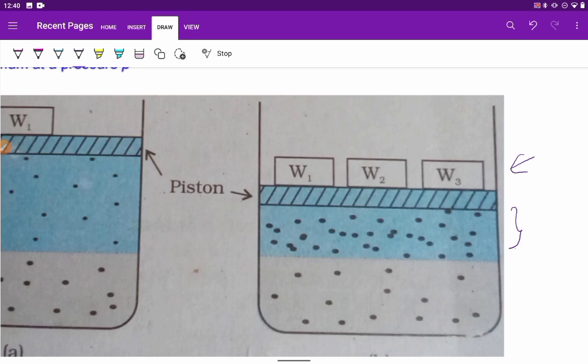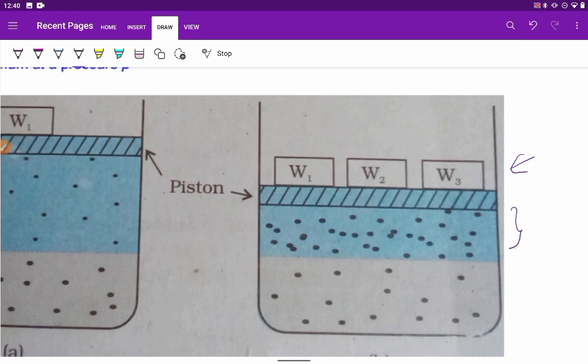So the rate at which the gaseous molecules are striking the surface also will increase, because per unit volume the number of gaseous molecules has increased. So the rate at which the gaseous molecules will strike the solution surface to enter it also will increase.